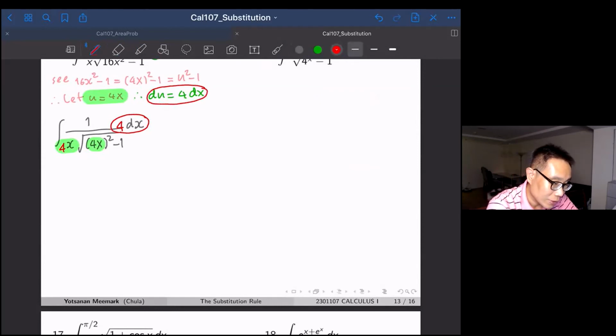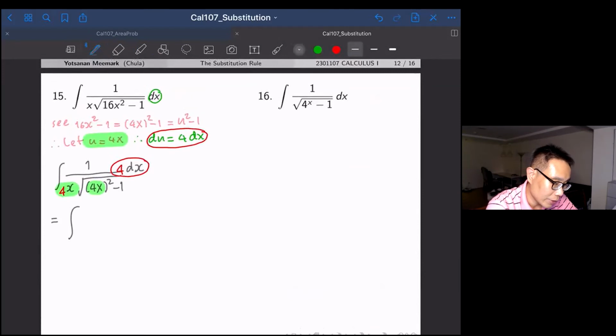So for this one, you're going to get the integral. Okay, so this is exactly the same term. Let me write down the equal sign. The top turned out to be du, the bottom turned out to be u root u square minus 1.